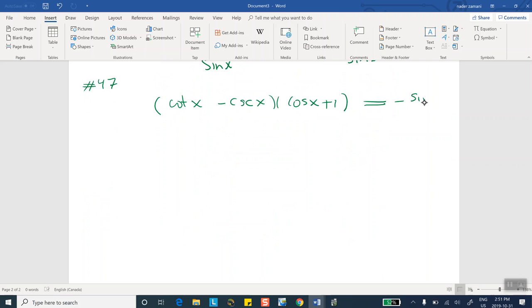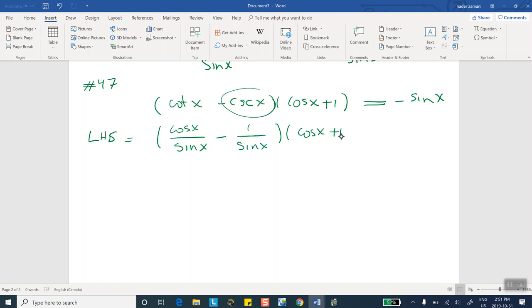Minus sine of x. Okay. Well, let's start with the left-hand side, and write cotangent as cosine of x over sine of x. This thing is 1 over sine of x times cosine of x plus 1.